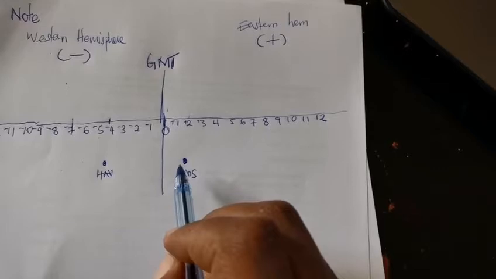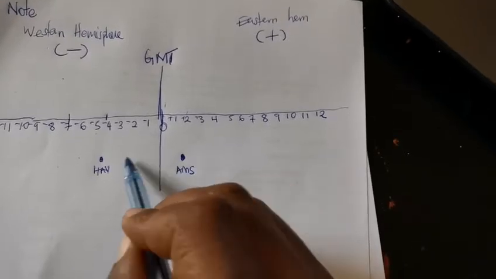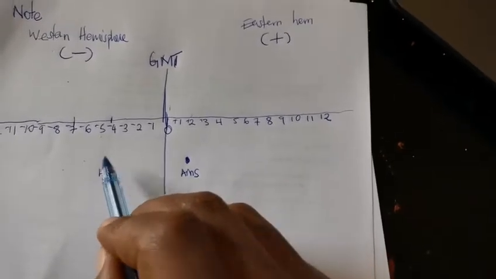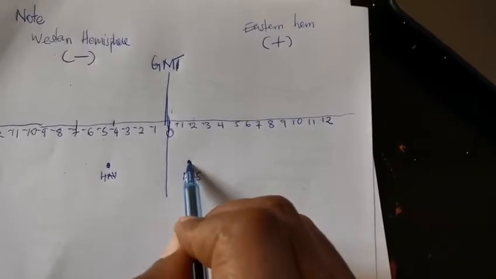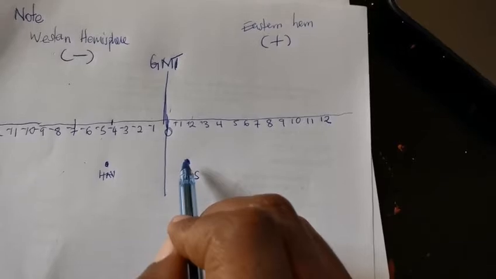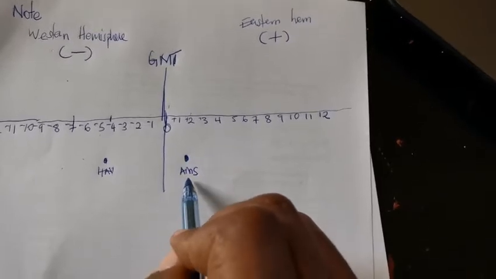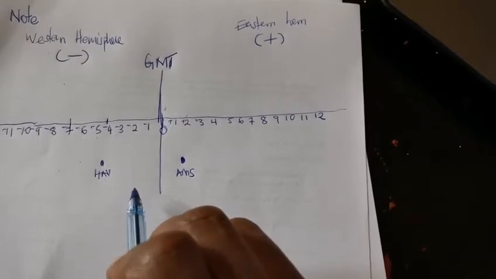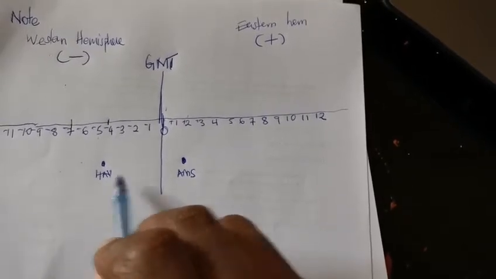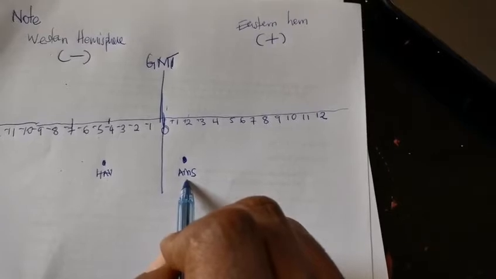You automatically know that Amsterdam is ahead of Havana, and Havana is behind Amsterdam. So we want to know how many hours Amsterdam is ahead of Havana, and how many hours Havana is behind Amsterdam.